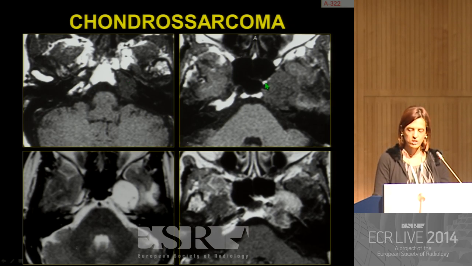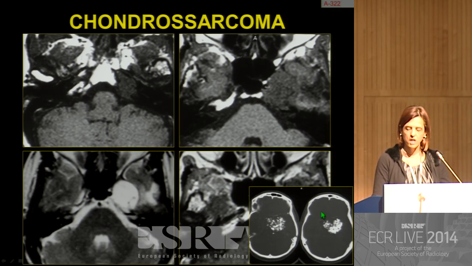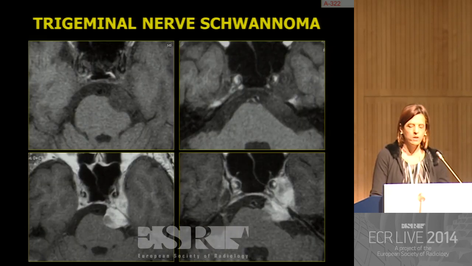You see that the lesion is growing into the cavernous sinus. One of the typical features of this lesion is the bright signal intensity on T2-weighted images, often brighter than the CSF itself. And another typical appearance that is not seen in this case but was seen in a different case shown here on CT are these typical chondroid-like calcifications. And this turned out to be a chondrosarcoma.